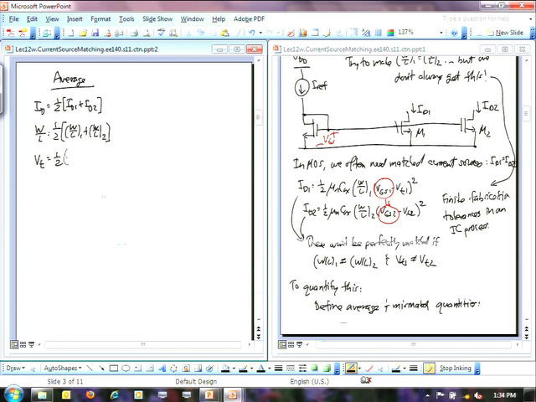And finally, a delta VT, that's VT1 minus VT2. From these definitions, I can also define fractional mismatches. Taking just the IDs, delta ID over ID is the definition of the fractional current mismatch.